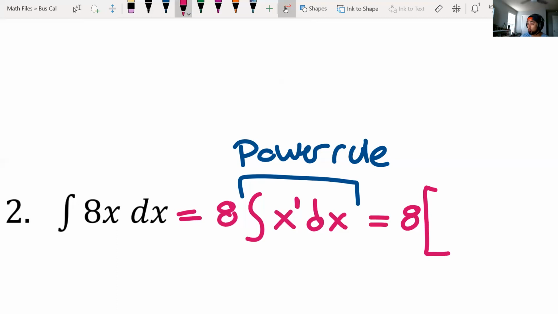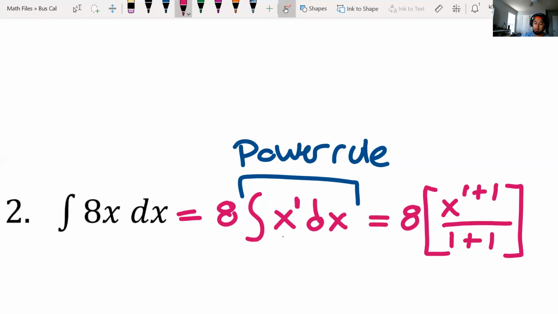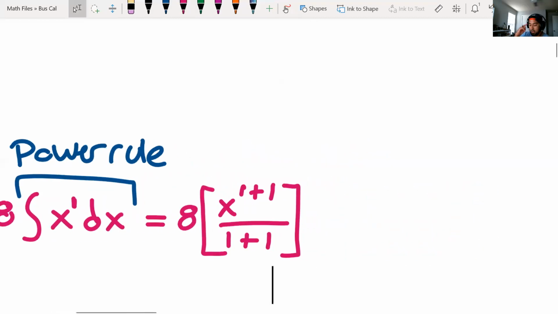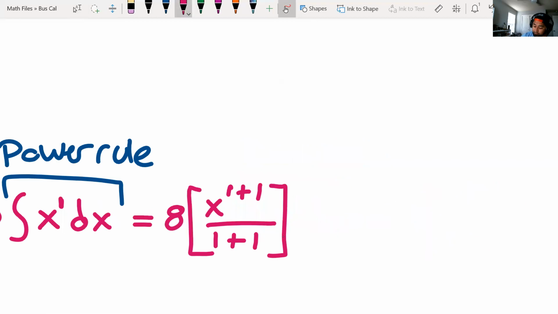We rewrite it as x to the 1 plus 1 over 1 plus 1. So that's the power rule. And now we will clean it up. You'll get 8 times x squared over 2.